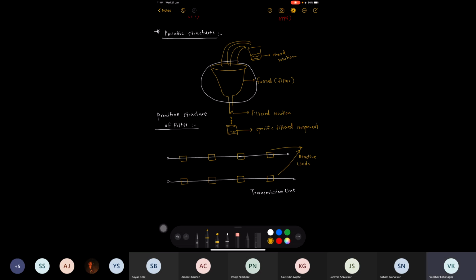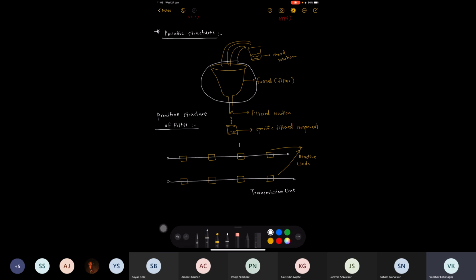Okay. So I am going to take a plain transmission line and load it with reactive loads. And how am I going to load the reactive loads onto this transmission line? I am going to do it periodically.